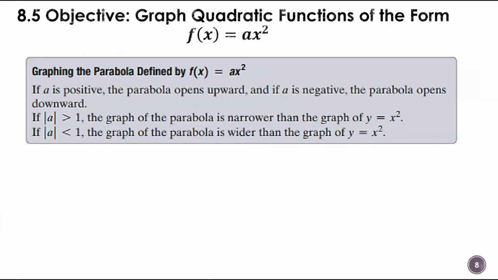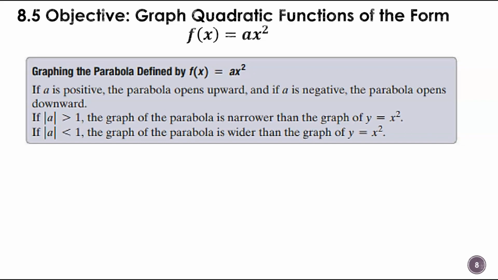Okay, so now we're going to talk about what happens when a is not 1 or negative 1, because so far the a has been a 1 or negative 1. We can still compare to our original graph, but this time the a just means that we're ending up multiplying by something, and it makes for a more narrow or wider graph. So basically what this is saying, if the absolute value is greater than 1, it will be more narrow, and if the absolute value is less than 1, it's going to be wider.